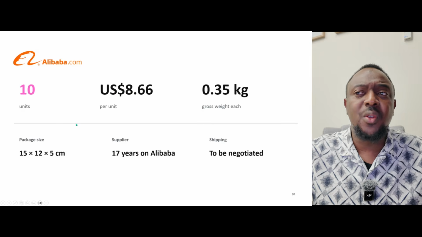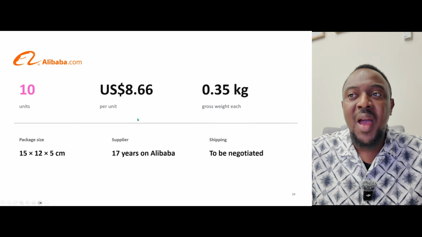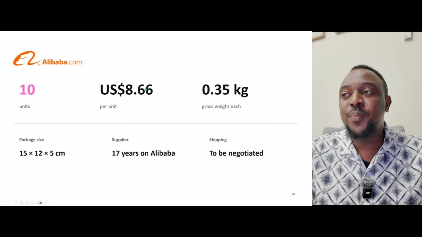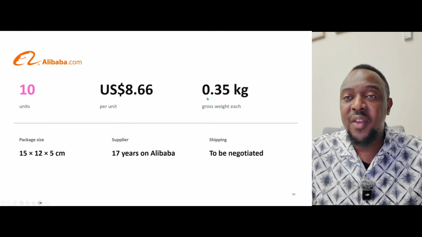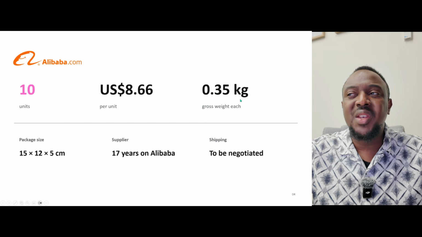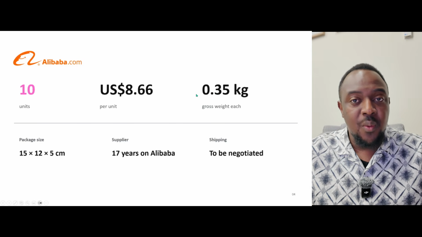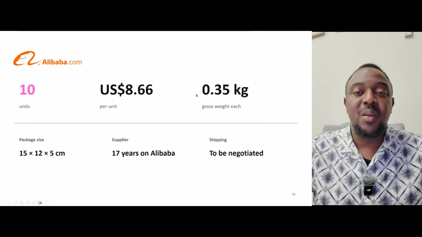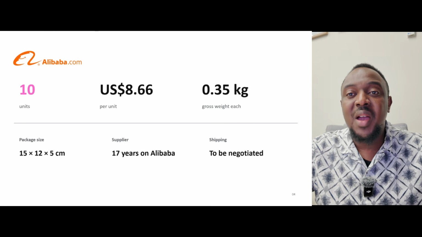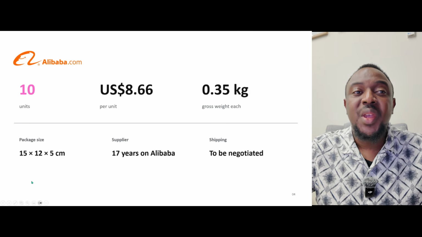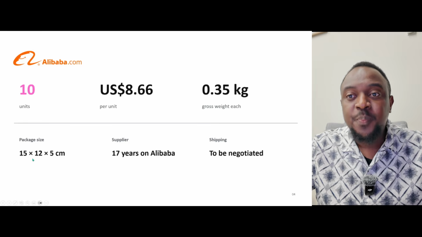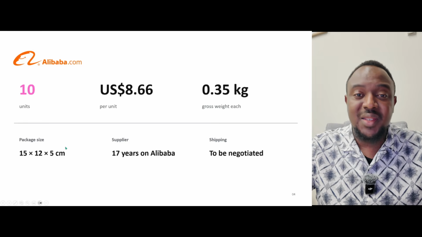These are all things that you need to consider when calculating your cost. The listing says that for 10 units, it is going to cost us $8.66 per unit. The gross weight is 0.35 kg. Most times you need this weight if you want to do an air shipment, but for a sea shipment, the package size is what you need to look into, because you need to calculate the CBM.